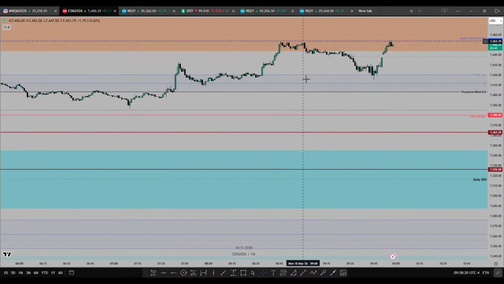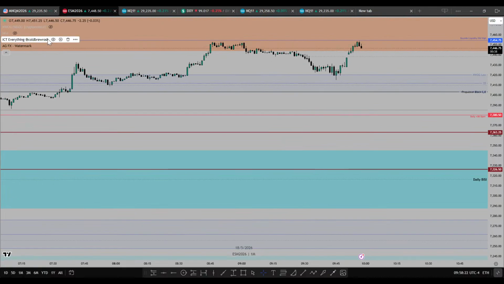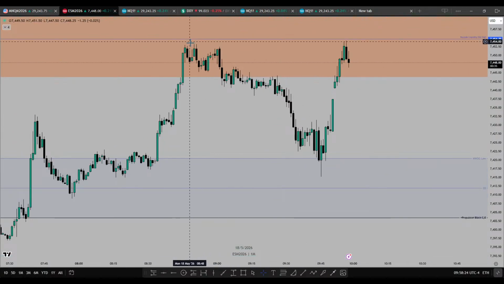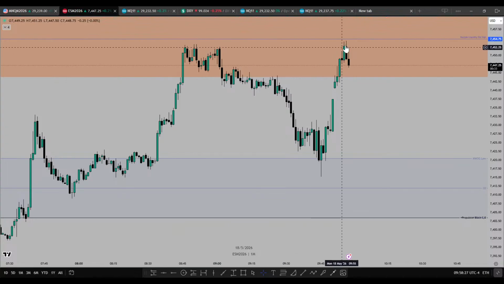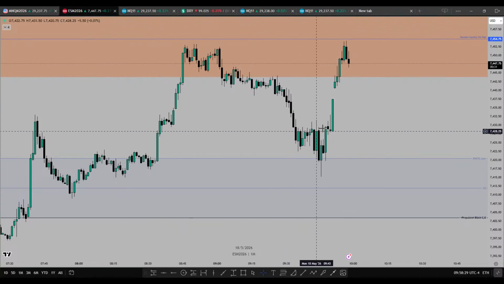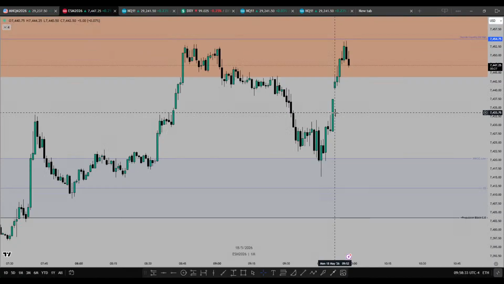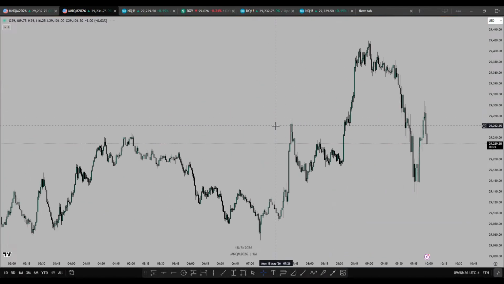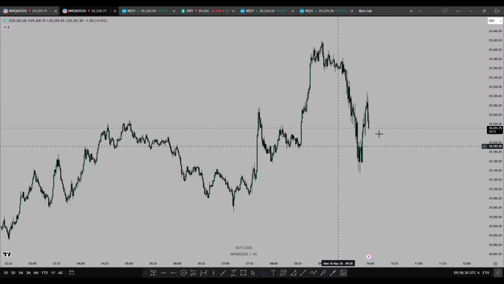So see, ES has taken out the high. ES has taken out relative equal highs, right? So the divergence is like this, and Nasdaq is weaker. Nasdaq is stuck here. See, bro, I love watching naked charts, man.